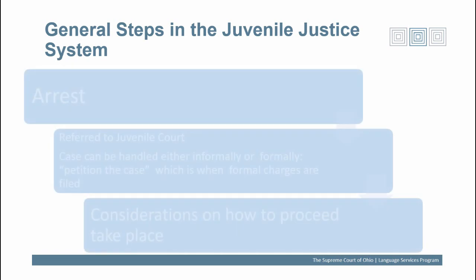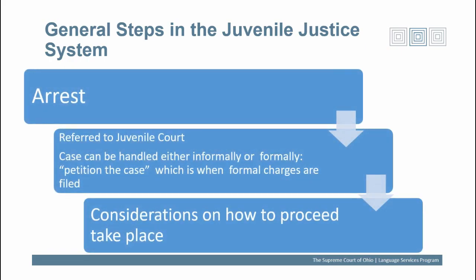If law enforcement officers place the minor under arrest, the case is then referred to juvenile court. Once it's referred to juvenile court, the case can be handled either informally or formally, also known as petition the case, which is when formal charges are filed. Then, considerations on how to proceed will take place.